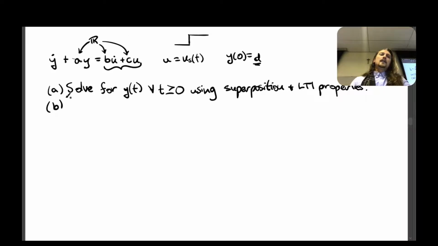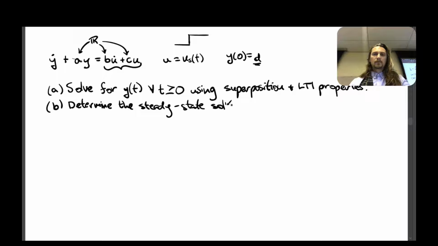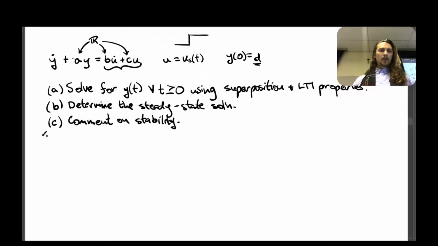B, determine the steady state solution, if there is one. And C, comment on stability.